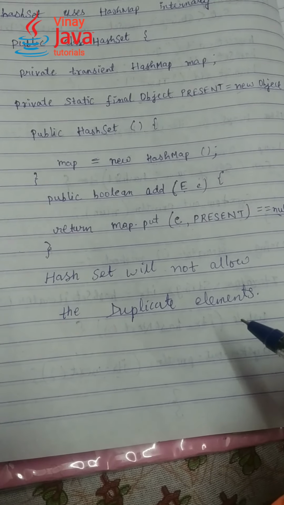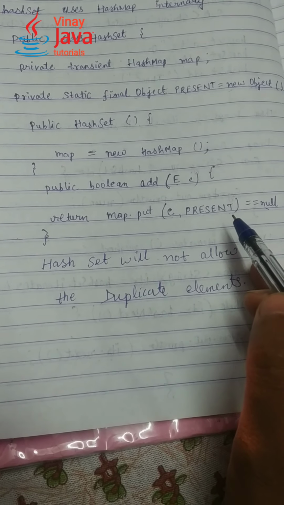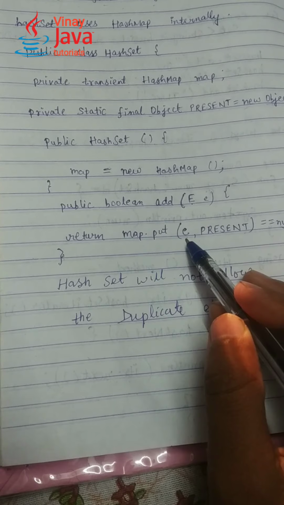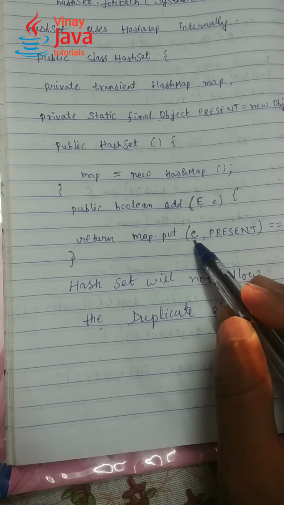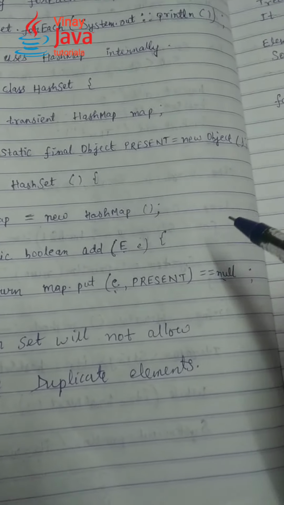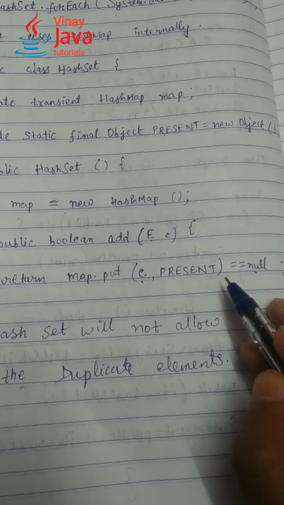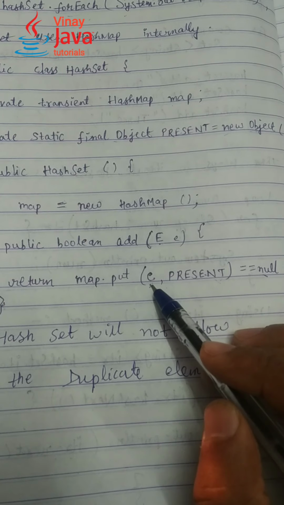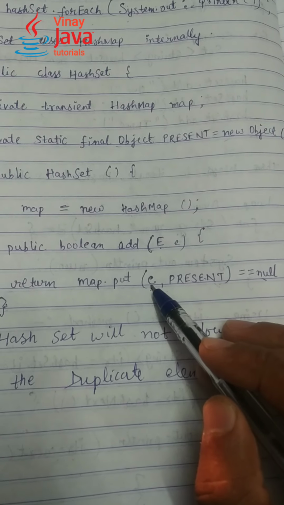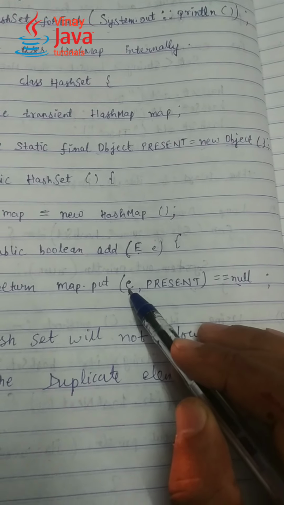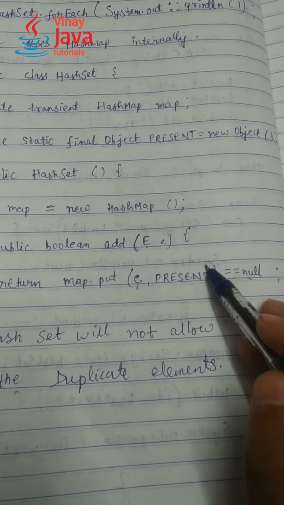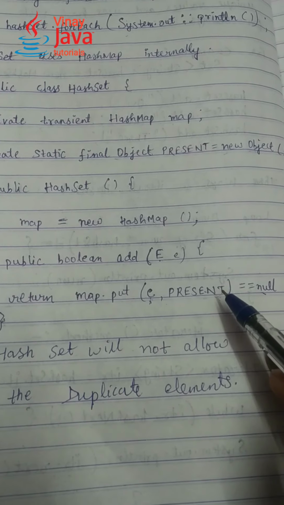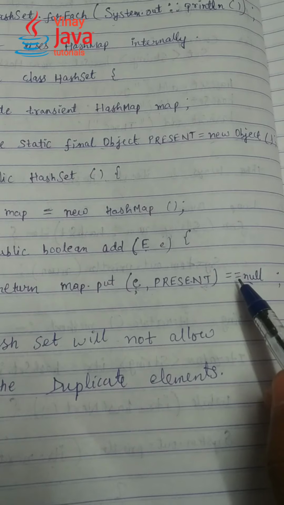This is how it works internally. Second time the map will not put the duplicate value. That is why this add method is returning map.put the element, whatever it would be, string, integer type, any data type, then present, which is my object of the superclass Object, double equals null.